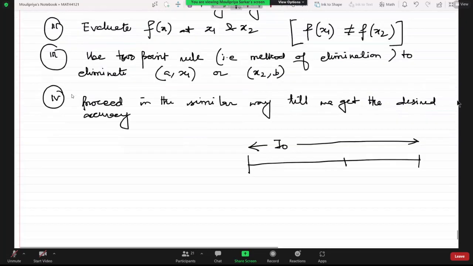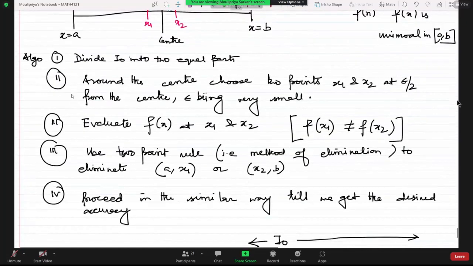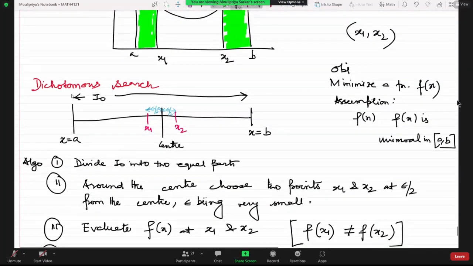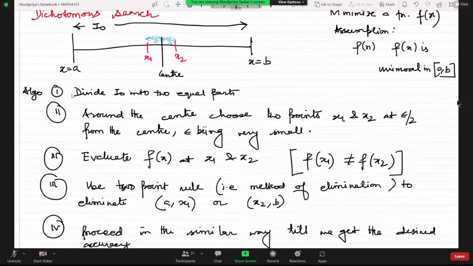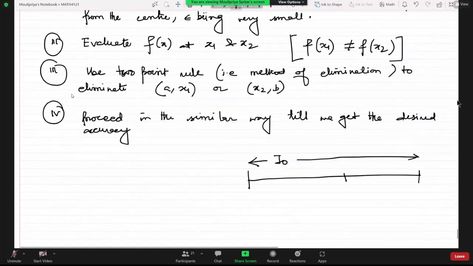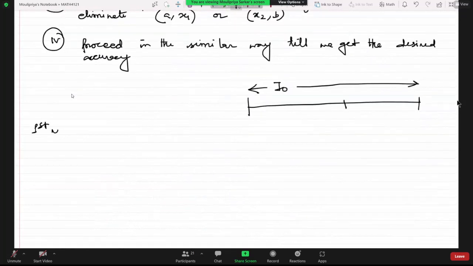Achha, one more thing. In case of dichotomous search, one iteration implies two evaluations. That implies the first iteration would imply calculating fx1 and fx2.